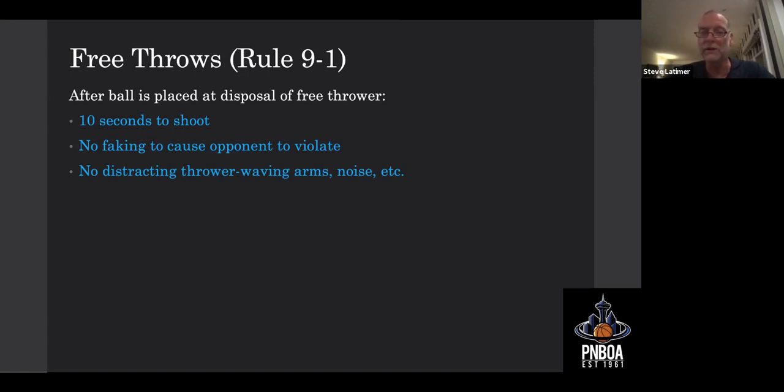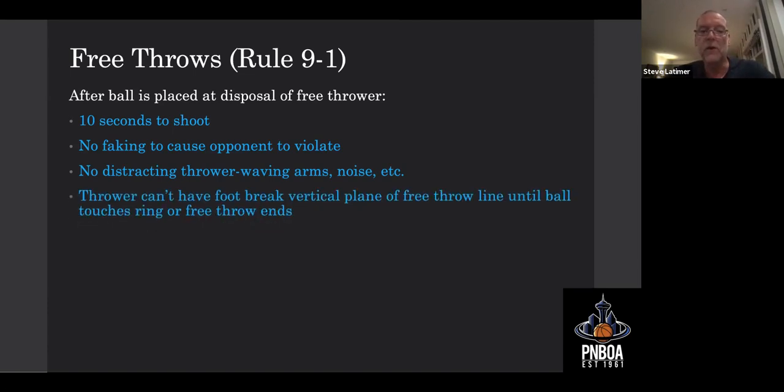They used to have the word disconcertion in the rule book, but nobody knew what it meant, so I think they took it out. But you can't distract the free throw shooter. Makes sense. The thrower can't have his foot break the vertical plane of the free throw line until the ball touches the ring or the free throw ends, right? So the foot can't break the plane of the free throw line until the ball touches the rim.